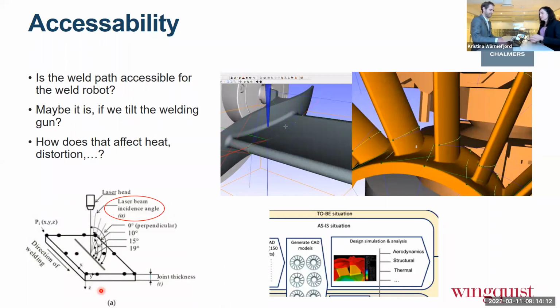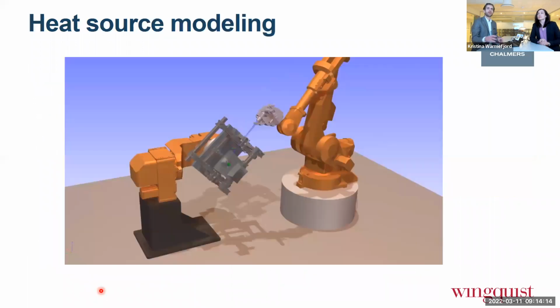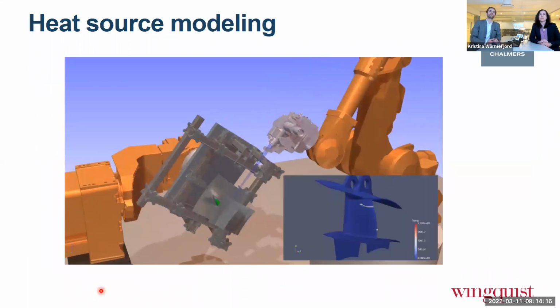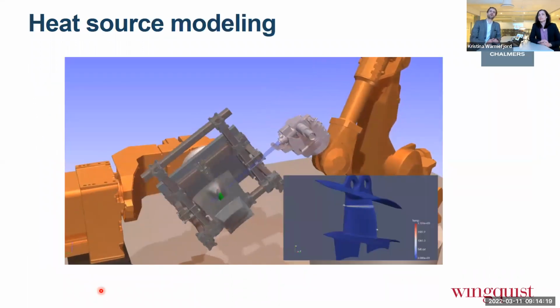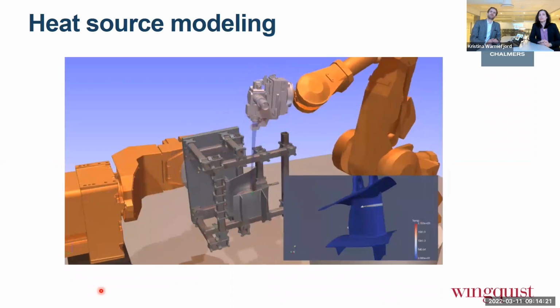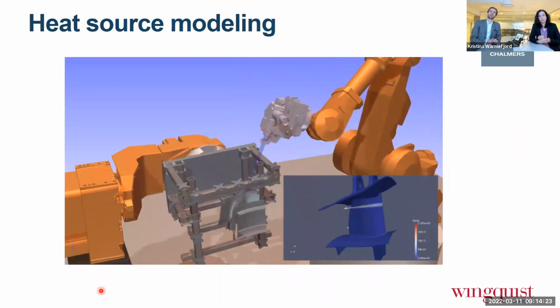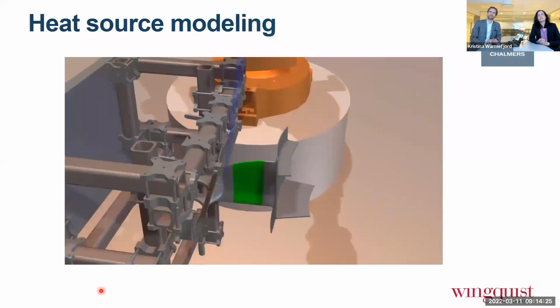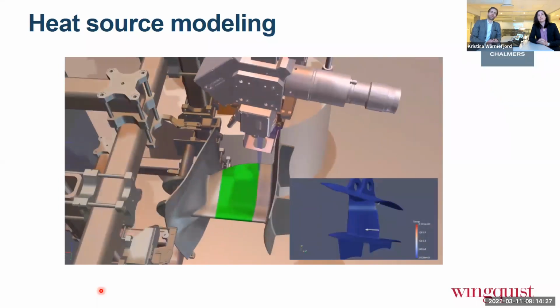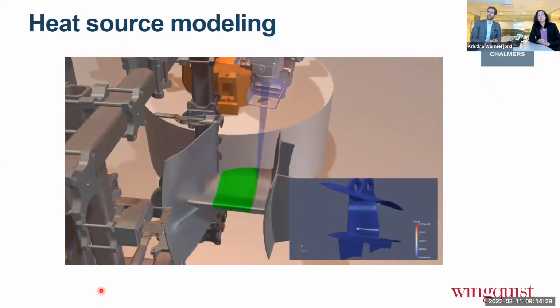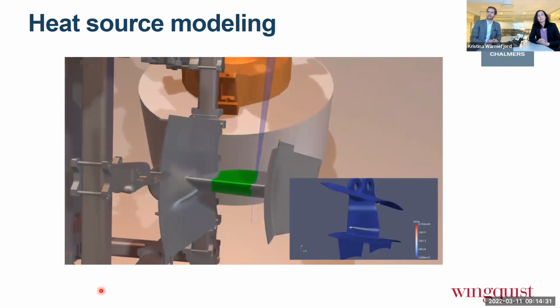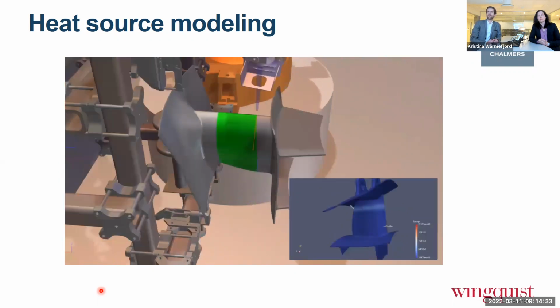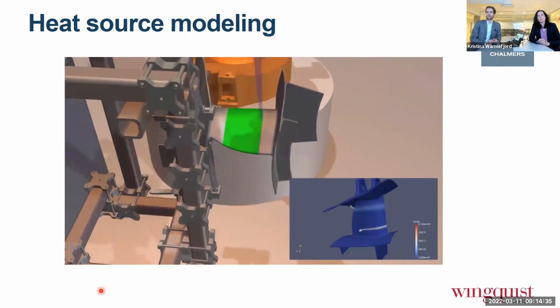Thank you, Christina. So, looking at a video here, you can see a weld robot that moves around in a weld path. And if you look carefully, you see that the weld gun is not perpendicular to the surface that is welded, but that is the case in the simulation movie you see to the right.